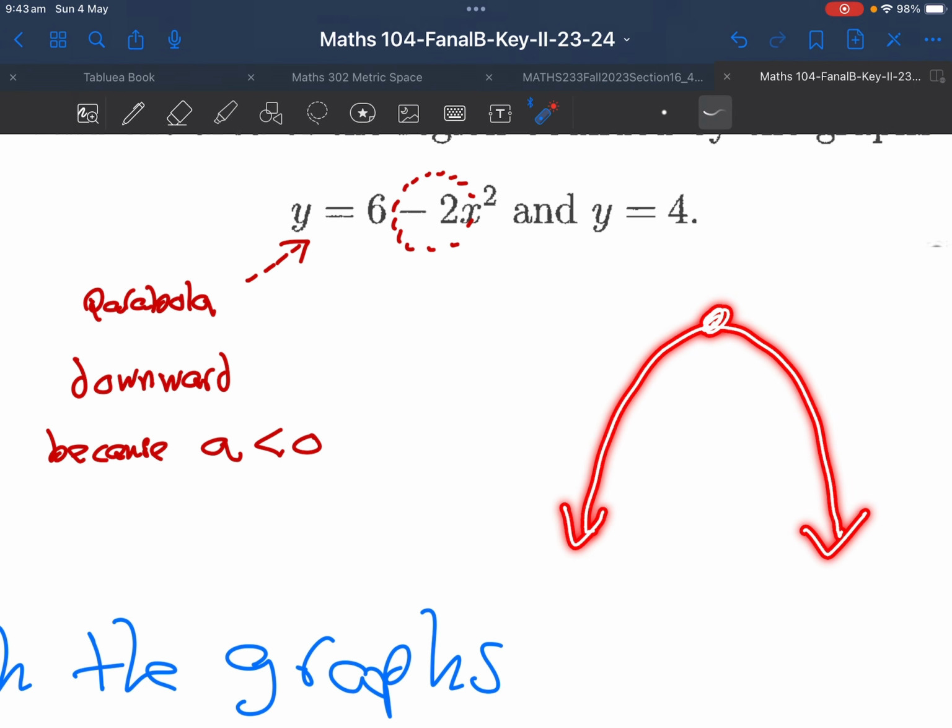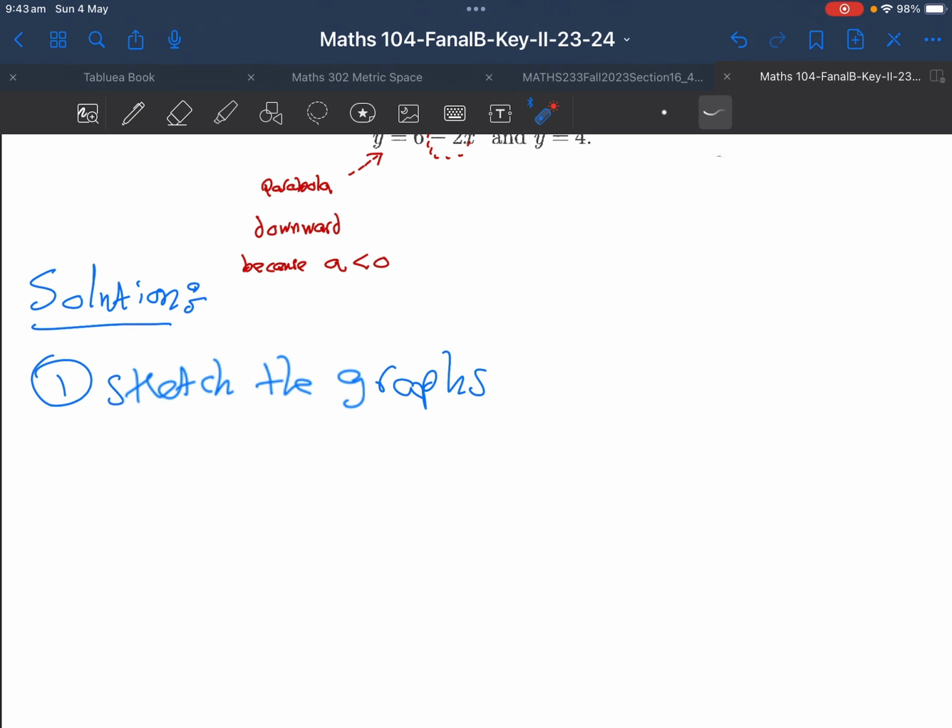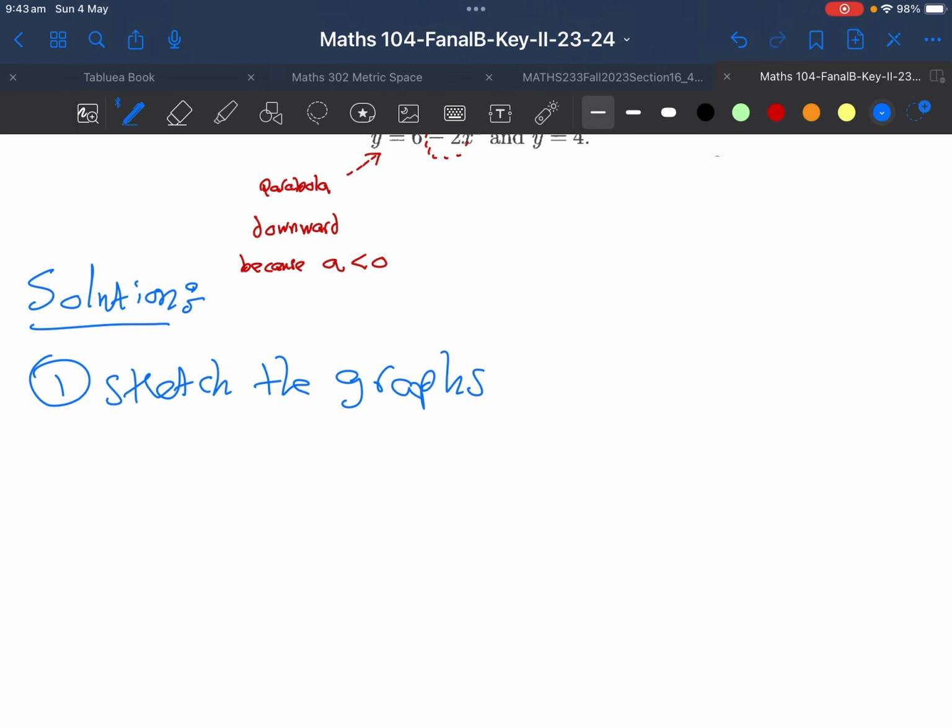Now, all you need to do is find the vertex. The first step is to find the vertex for the red one. In order to find it, you need the x-coordinate of the vertex, which is minus b divided by 2a. Now, a is -2.